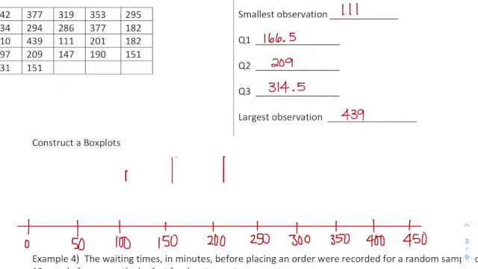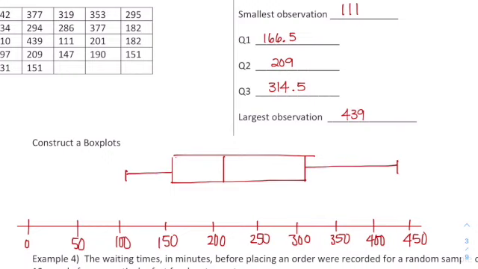And then 314 is going to be more than 300 right there. And then 439 is going to be a little bit more than 425, so it's a little bit more than halfway between. So now I'm going to connect them. There's my box, and there's my whiskers.